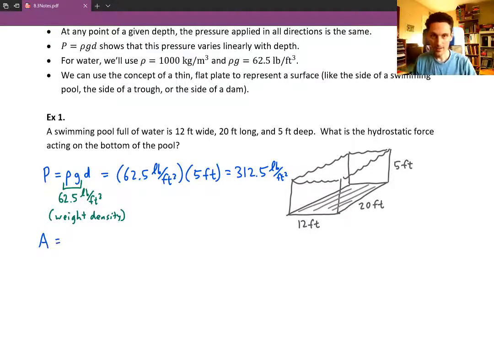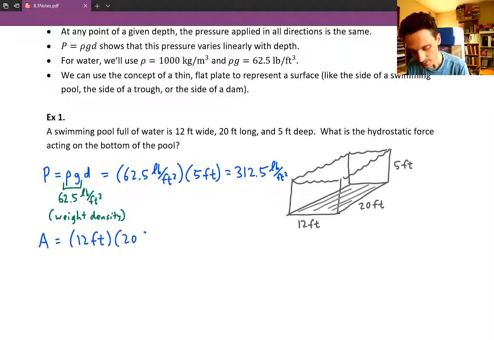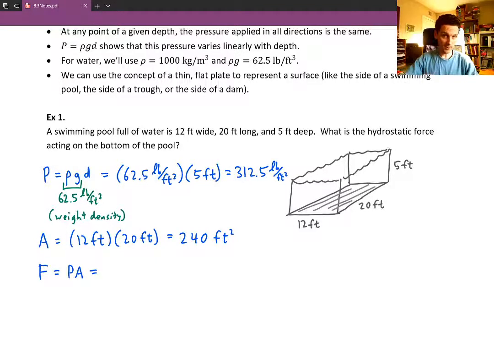Now we can get the area of the bottom of the pool just by multiplying the dimensions on the bottom: 12 feet times 20 feet, which gives us 240 square feet. Then to get the force that's acting on the whole bottom of the pool: pressure is just how much force is acting on every little square foot, but the force we want is over the entire bottom of the pool.